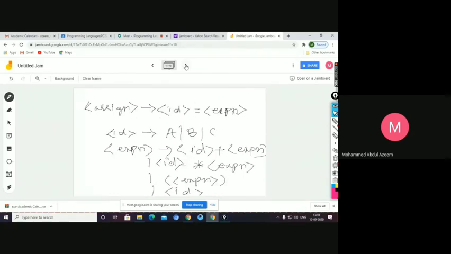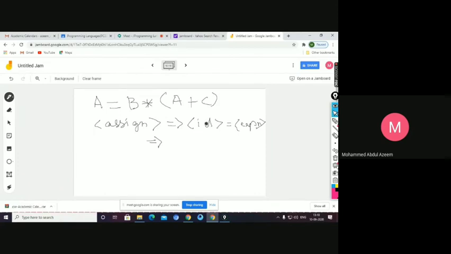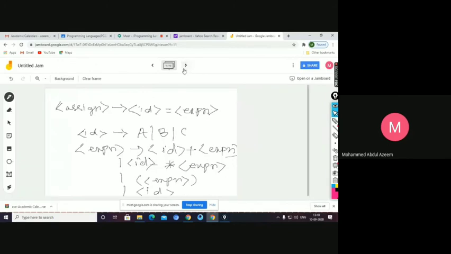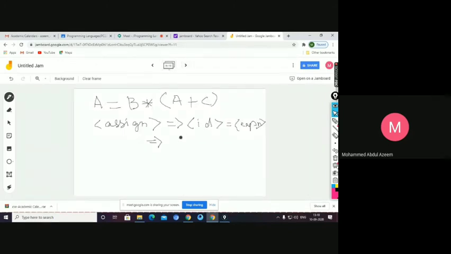Now in place of ID, I can take either A, B or C, but in order to get this particular statement, I am taking A. So A equal to the expression. Now, because I may not find space here, I am taking this arrow here.